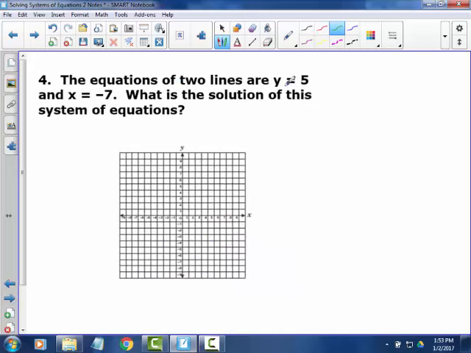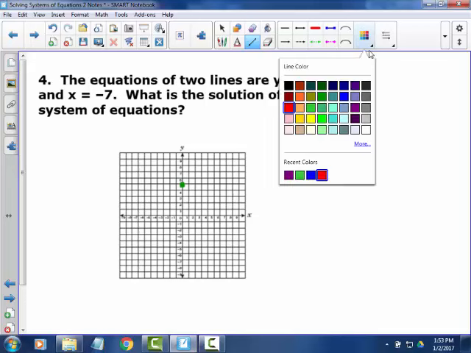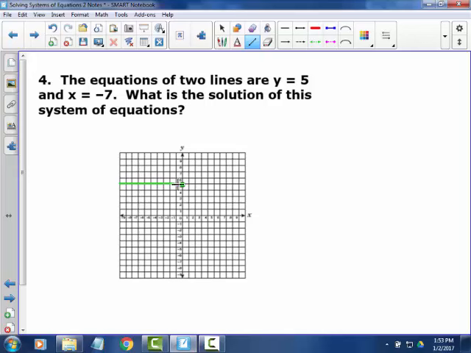Okay, the equations of two lines are y equals 5 and x equals negative 7. So y equals 5, so we go on the y-axis to 5, 1, 2, 3, 4, 5, right there. Okay, and then that will be a horizontal line. And then we go to the second equation, which is x equals negative 7.